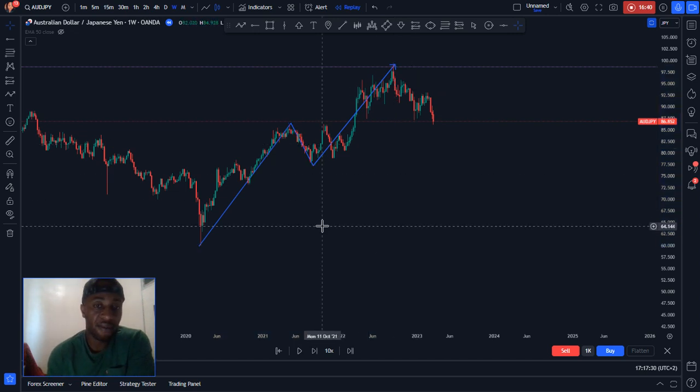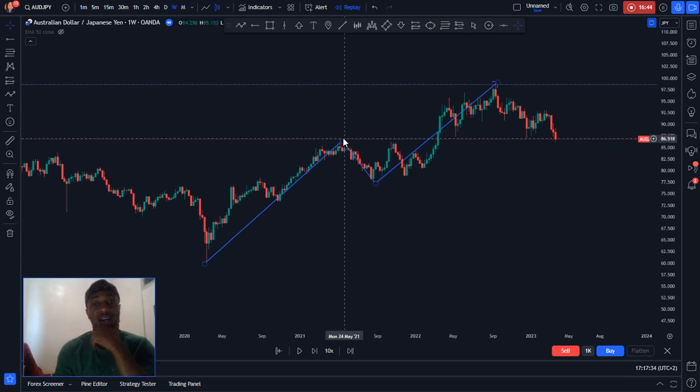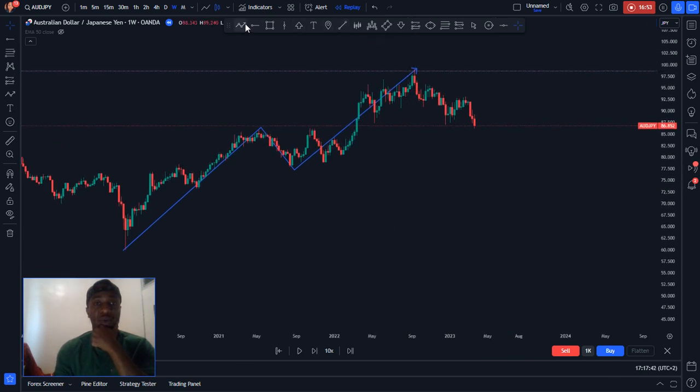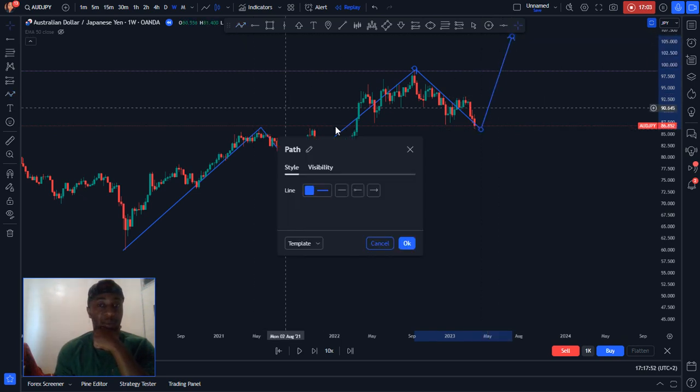If this was the higher high, this can actually be the higher low, and this being the higher high. So there's a high possibility that the market is currently in the correction phase. In the correction phase, the market can retest here and actually go all the way up.